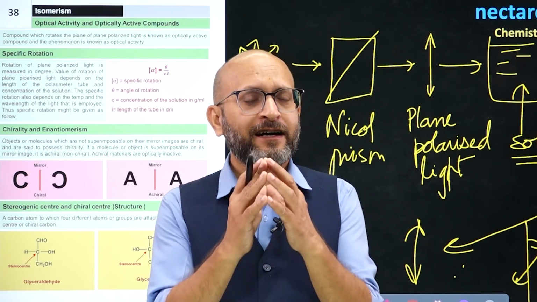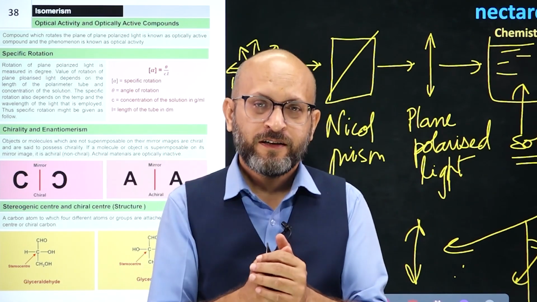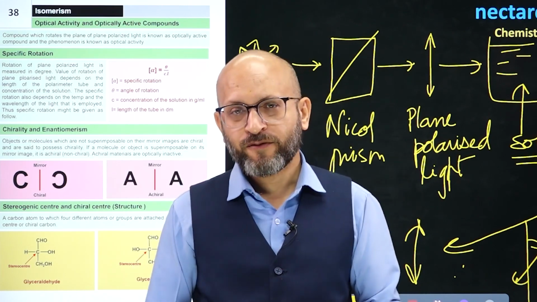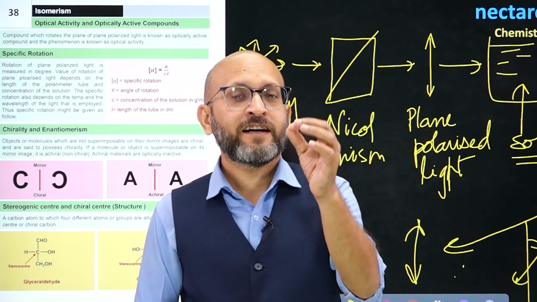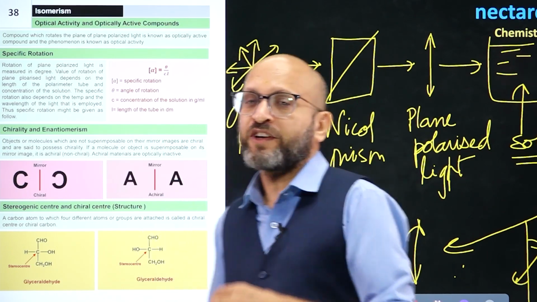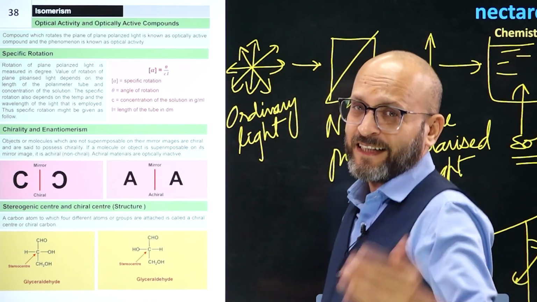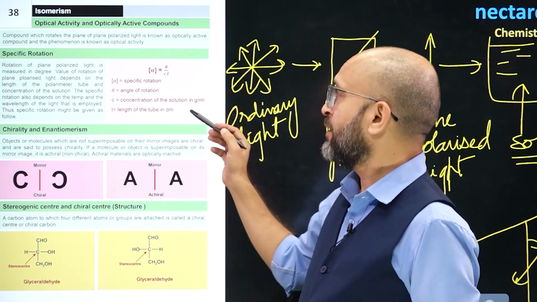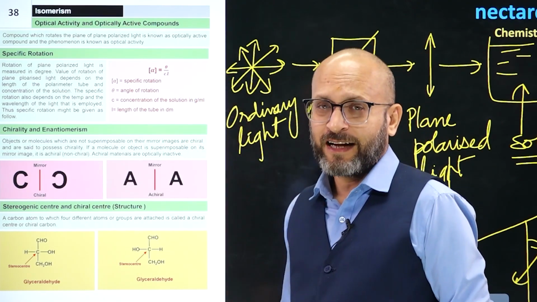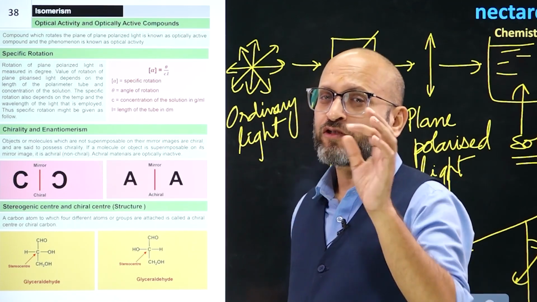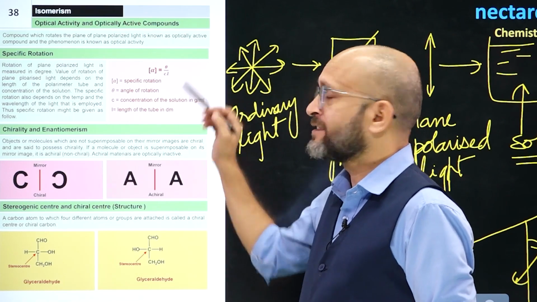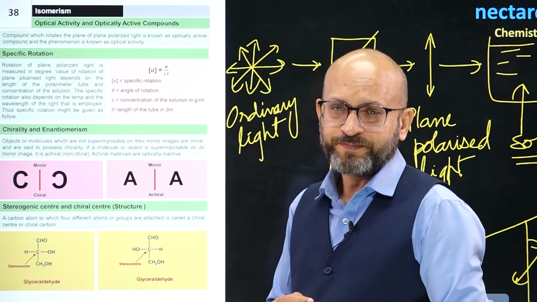The degree of rotation is called the angle of rotation, and we have a measurement for that, which is specific rotation. For specific rotation we have a formula: alpha equals theta upon c into L. Theta is the angle of rotation, c is the concentration of the solution in gram per ml, and L is the length of the polarimeter tube.